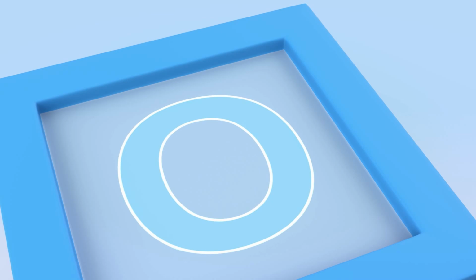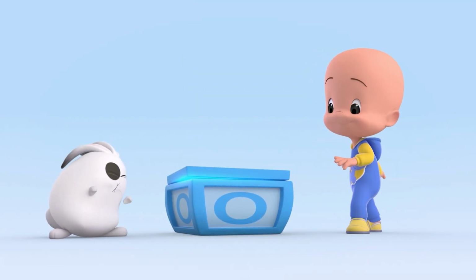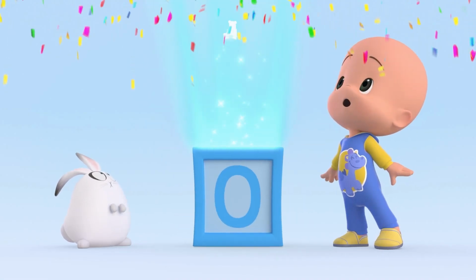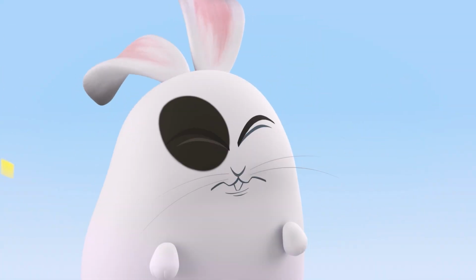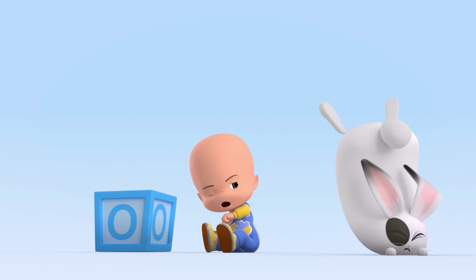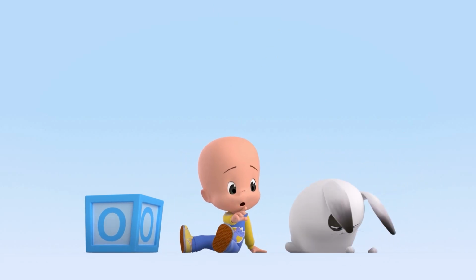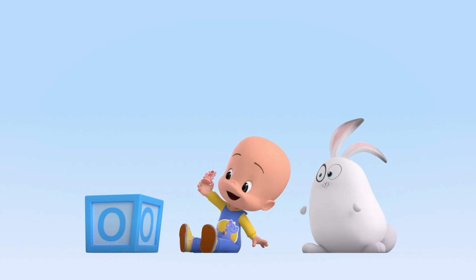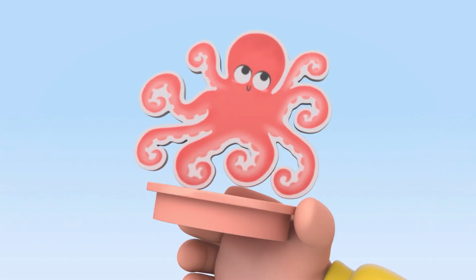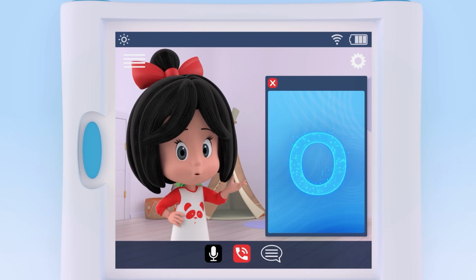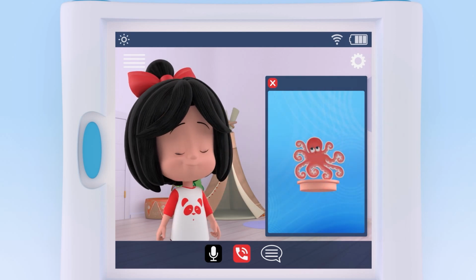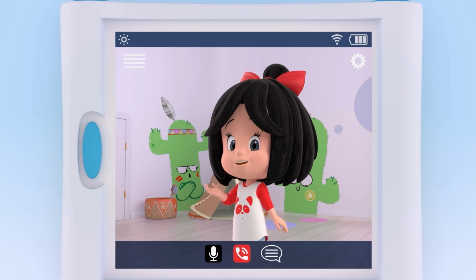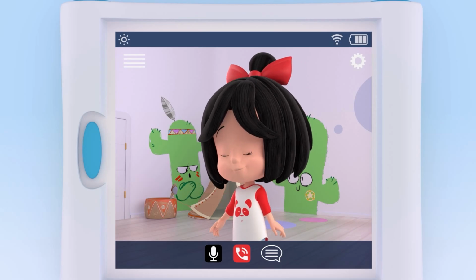Octopus. Very good. O is for octopus. Which animal starts with the vowel U?